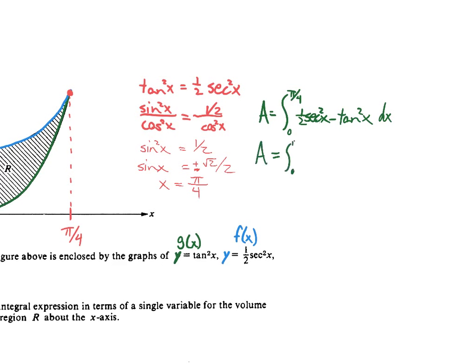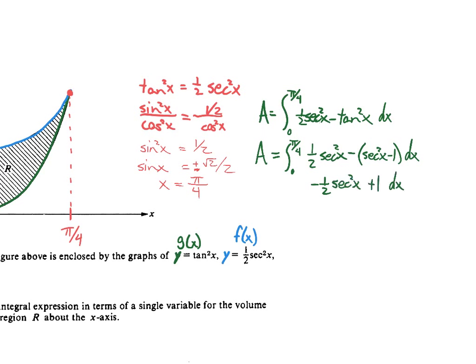So 0 to pi over 4 of 1/2 secant squared x minus secant squared x minus 1. Good, we have a half minus 1, so it's negative 1/2 secant squared plus 1.